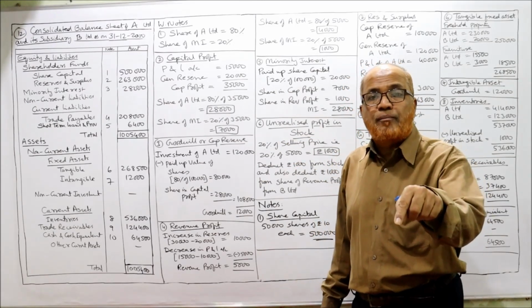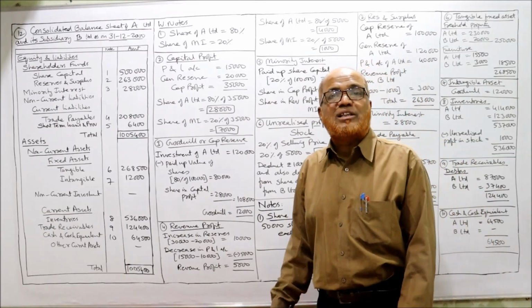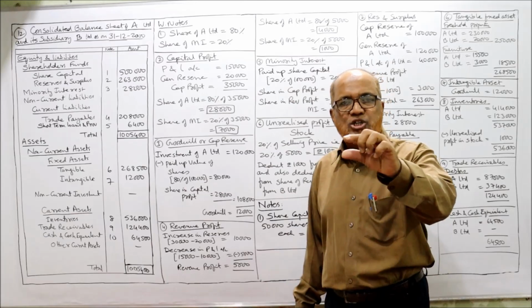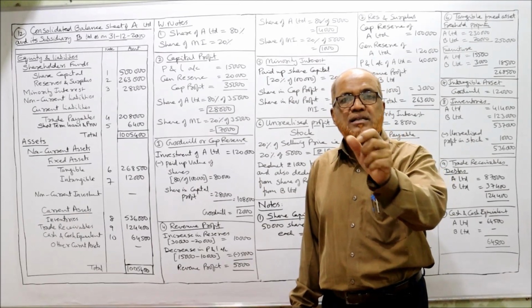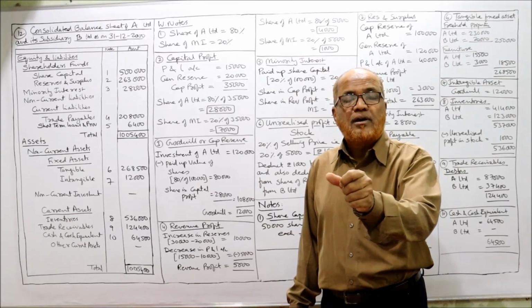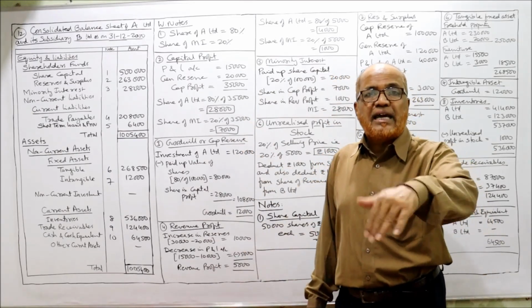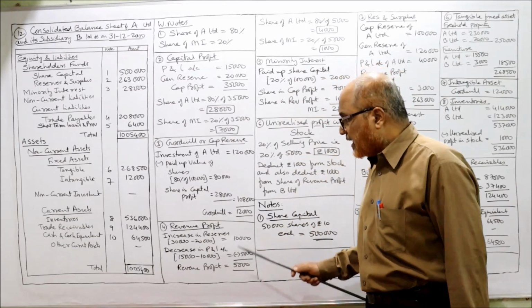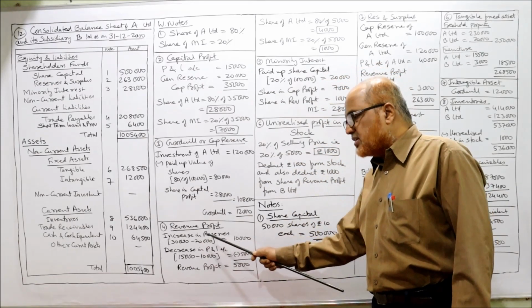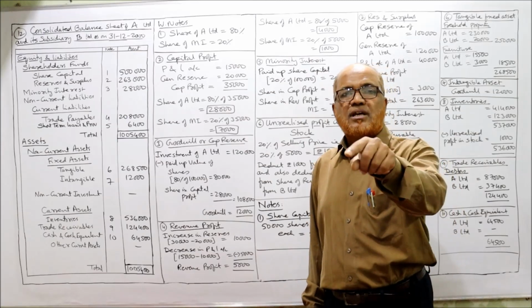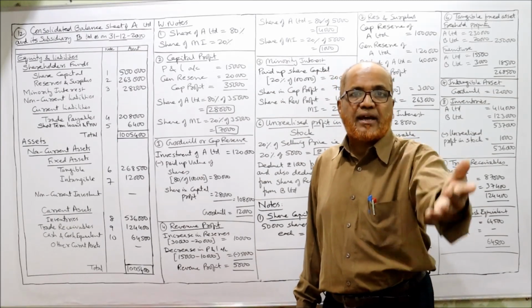But on the date of balance sheet, the general reserve of B Limited is 30,000, as you can see in the balance sheet. So how much is the increase in general reserve? 30,000 minus 20,000, 10,000. This 10,000 rupees is generated after acquisition.